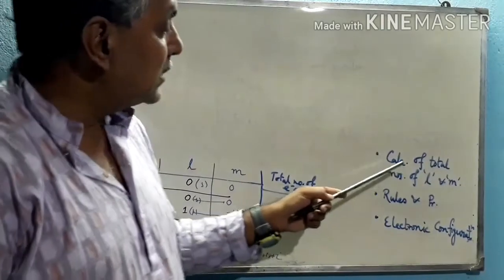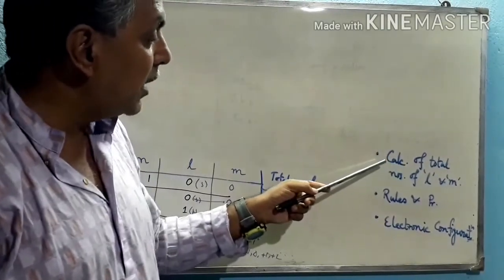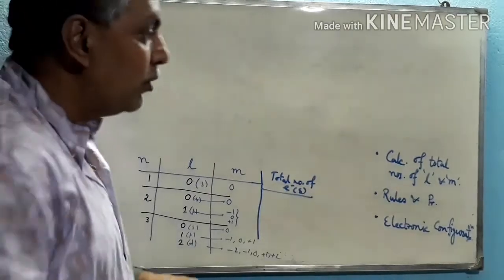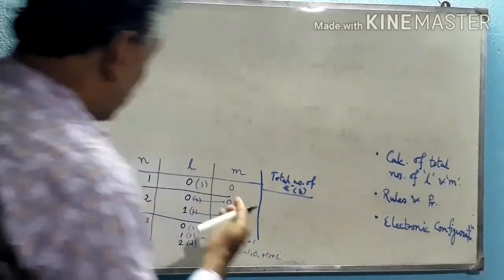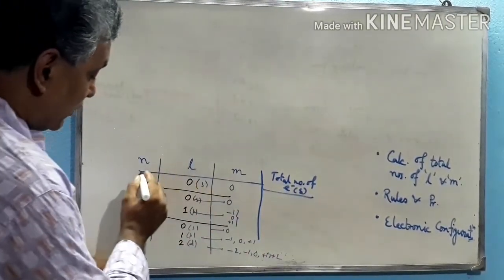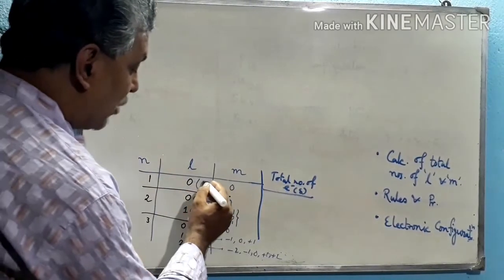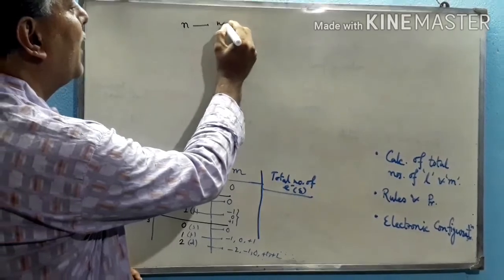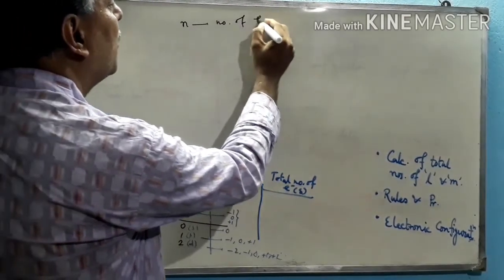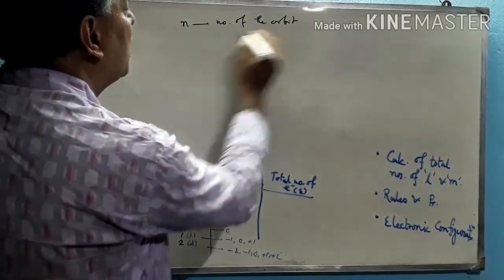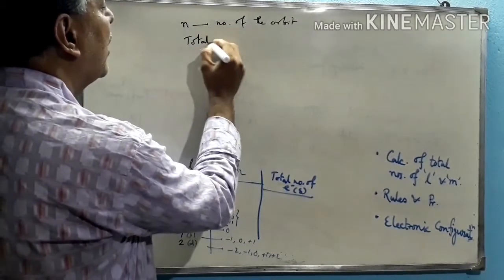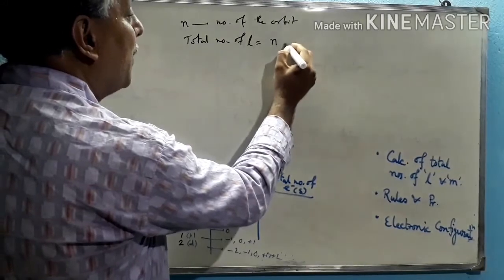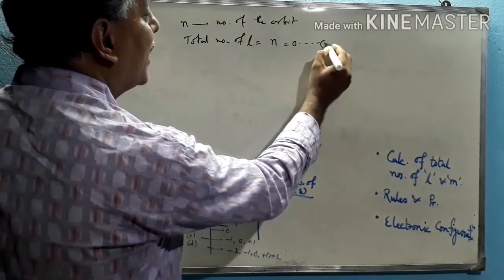Now I am discussing the calculation of the total number of l and m with respect to a particular n. Suppose n equal to 1, the total number of l is equal to 1. So for a particular n, the total number of l values is 0 to n minus 1.